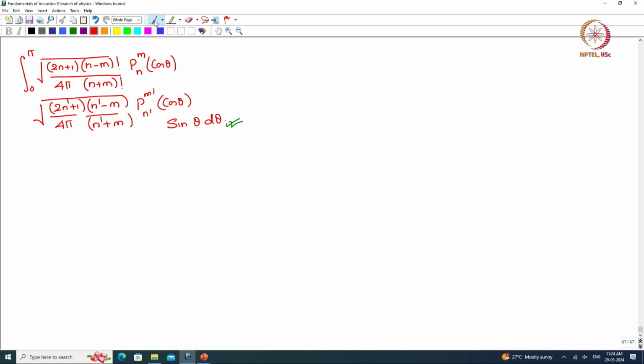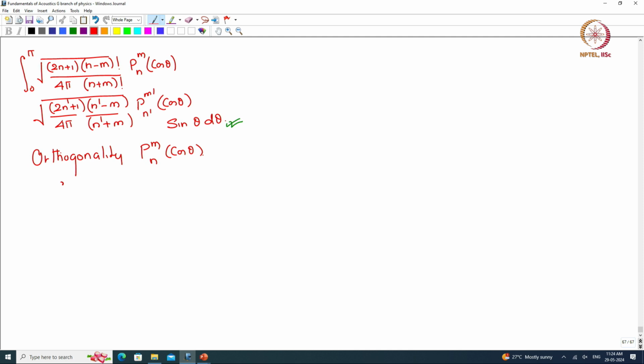We do now the theta integral, and I will need this also, so I will copy this. What is the orthogonality on P_n^m(cos theta)?